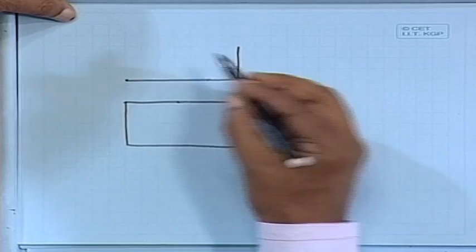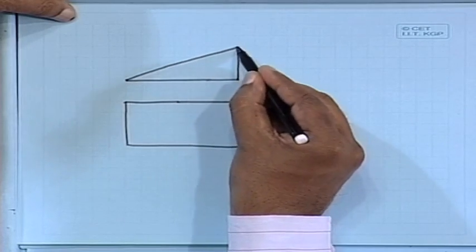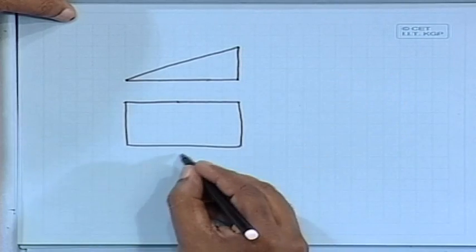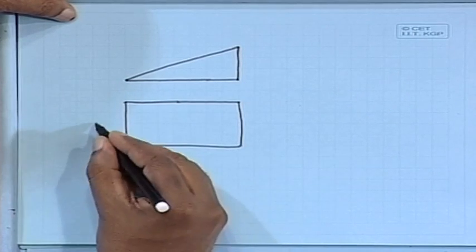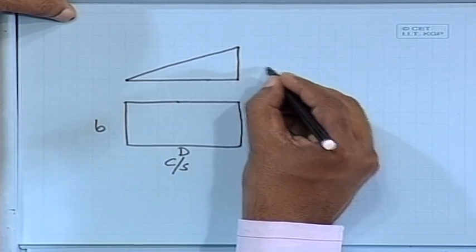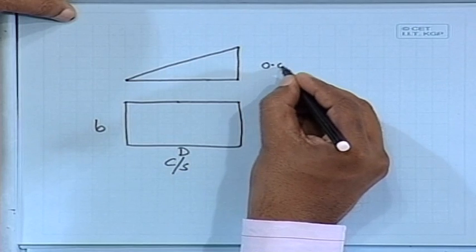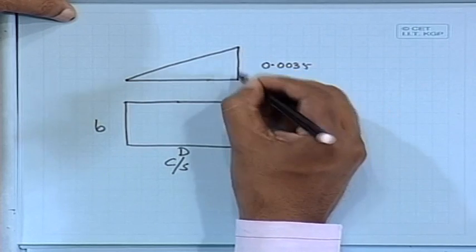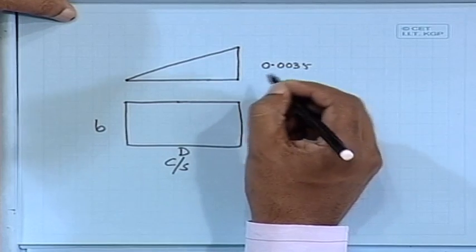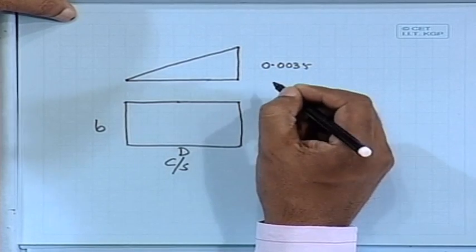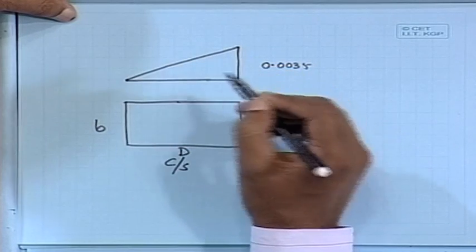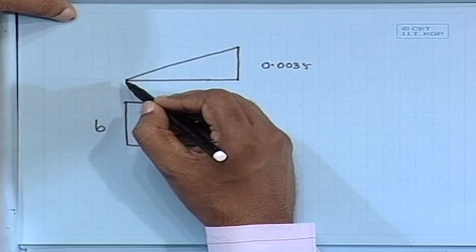Let us assume this is the strain diagram, and this is the cross section, B and D. The maximum allowed strain is 0.0035. In any case we cannot go beyond it, because concrete cannot take more than 0.0035. So, we can go up to 0.0035, and also there is no tension on this side.